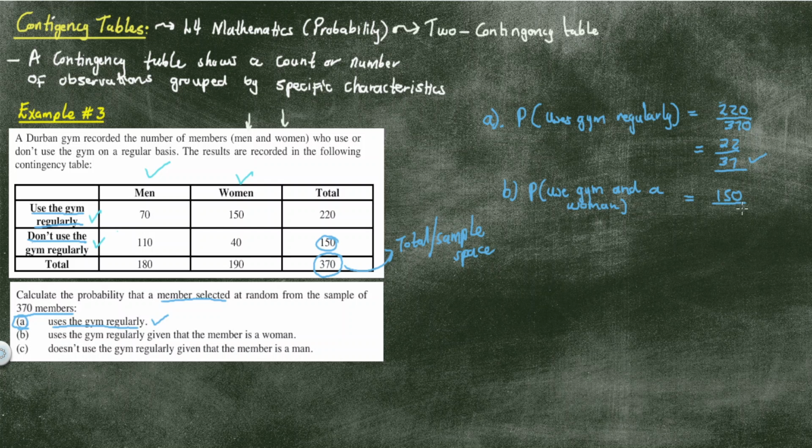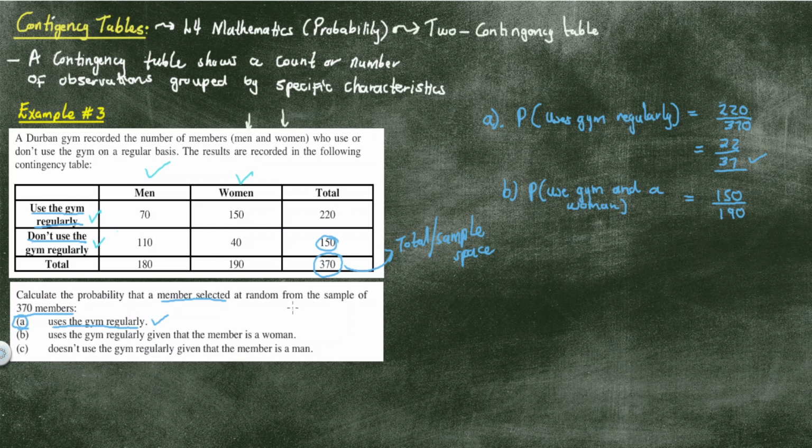This thing is somewhat intuitive. Look, in B they are specific, they are now targeting women. You are a woman and you are using the gym regularly.